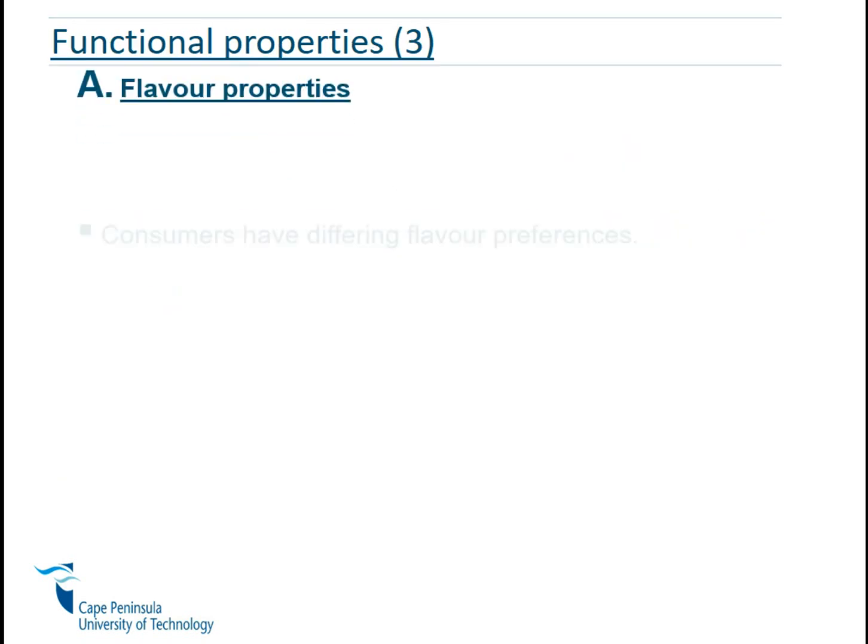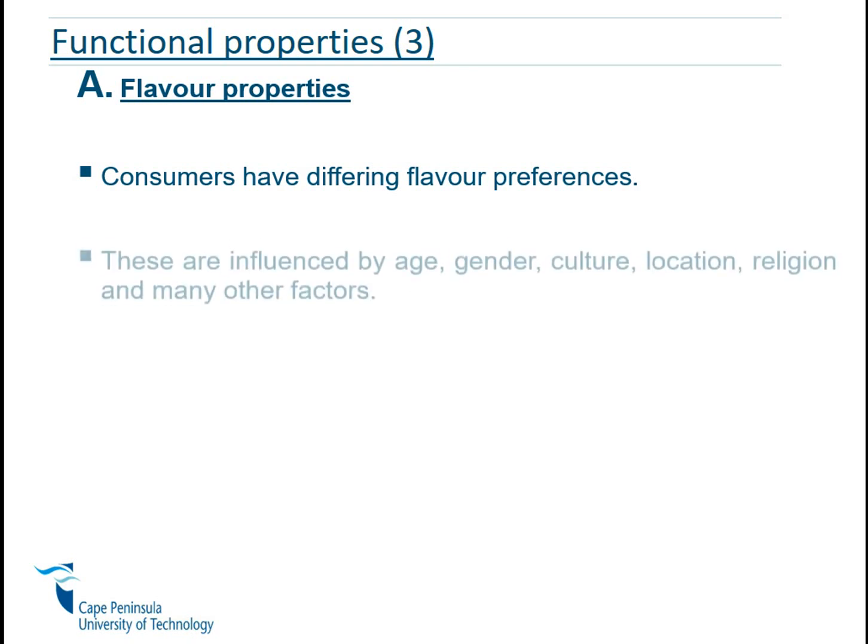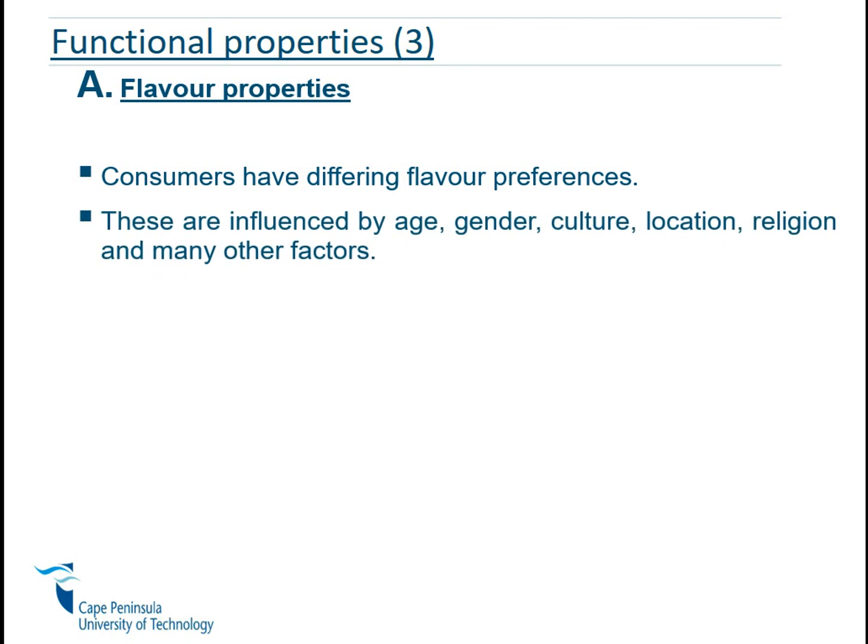Let's look at flavor as the first attribute, or the first characteristic, that we can look at under the functional properties. After we've done sensory evaluation, it should be clear to you that consumers have differing flavor preferences, right?